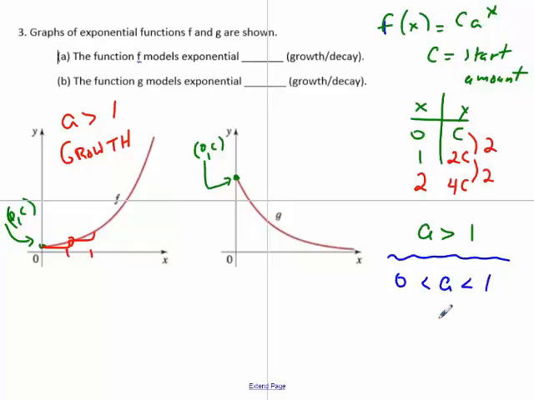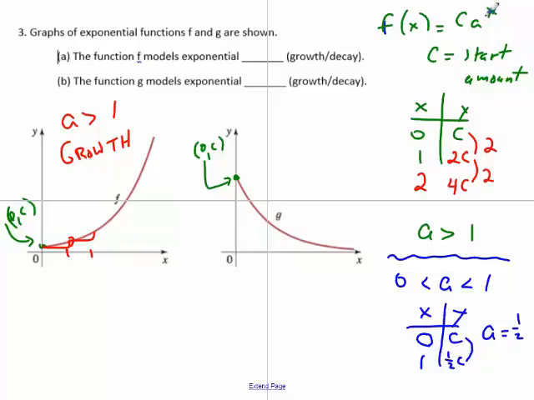But if a is less than 1, then we take our xy table and create this scenario. I've got my 0 starting amount. I've got c. A to the 0th power is 1, times c gives me c. Now if x is 1, and a is, let's say for this situation, 1/2, then we take c multiplied by my a of 1/2, and I get 1/2 c.